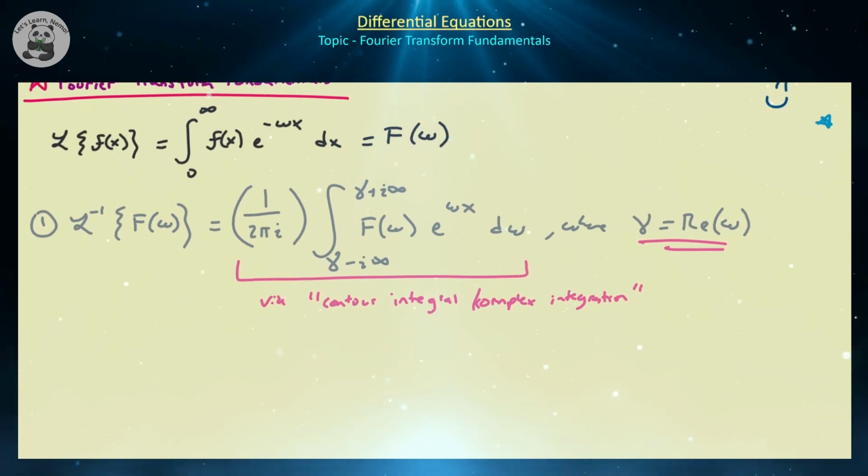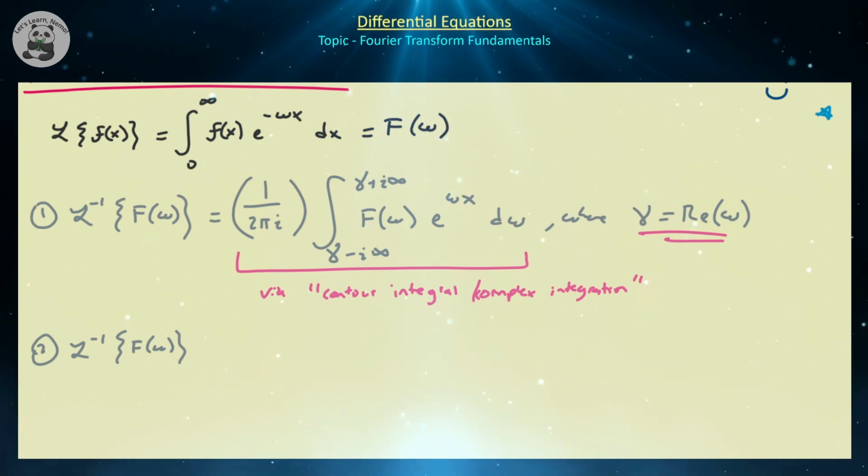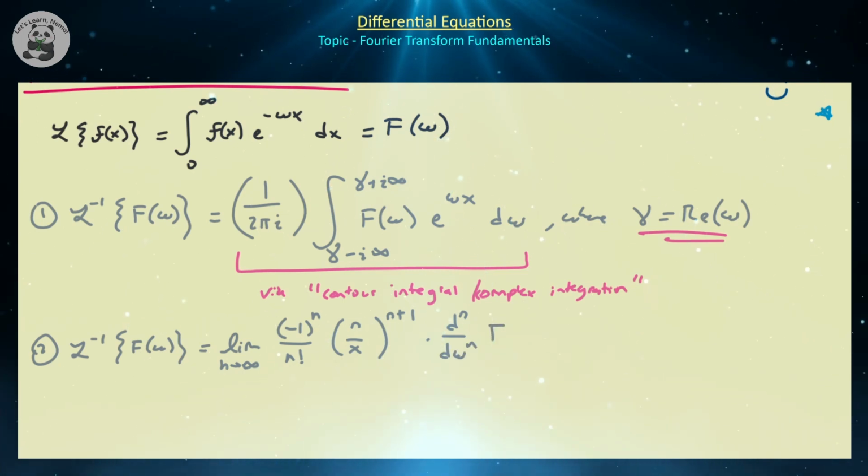Now there are other methods for finding the inverse Laplace transform using methods that you probably know from single variable calculus, and one of them is: the inverse Laplace transform of f of omega will be equal to the limit as n goes to infinity of negative 1 to the power of n divided by n factorial, times n divided by x to the power of n plus 1, times the nth derivative with respect to omega of the Laplace transform of little f evaluated at n divided by omega, right?